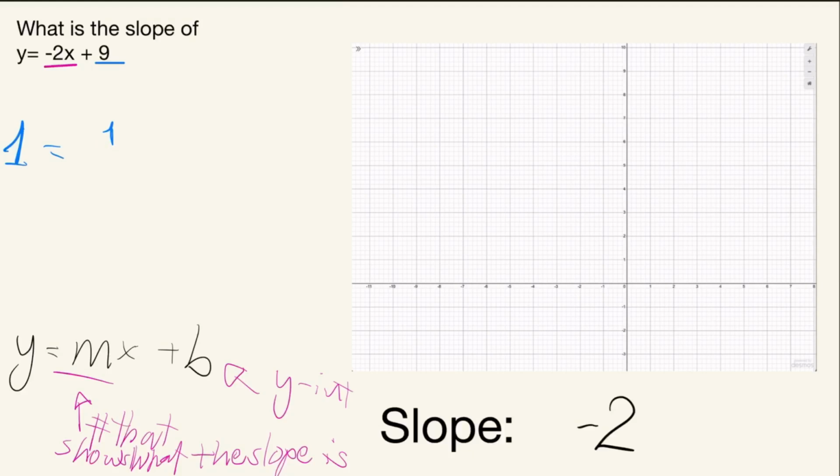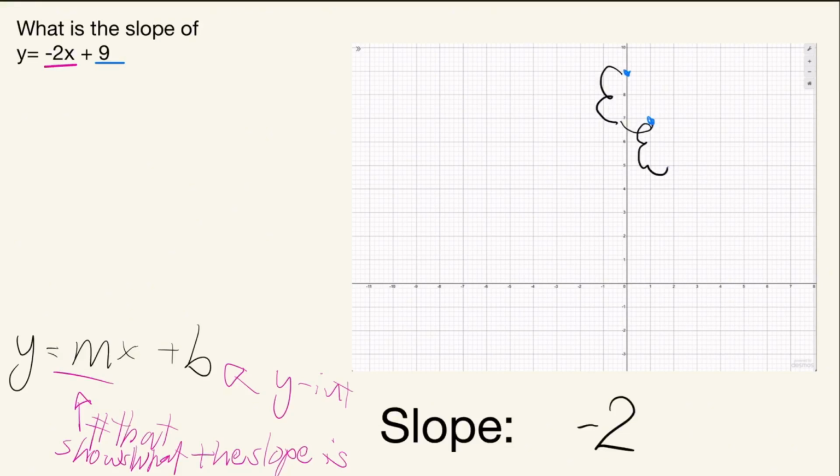So, let's graph this. Our y-intercept would be 9. And our slope would be negative 2x. So, we would have to go 2 down and left 1. So right there, and we would just keep on doing 2 down, left 1.